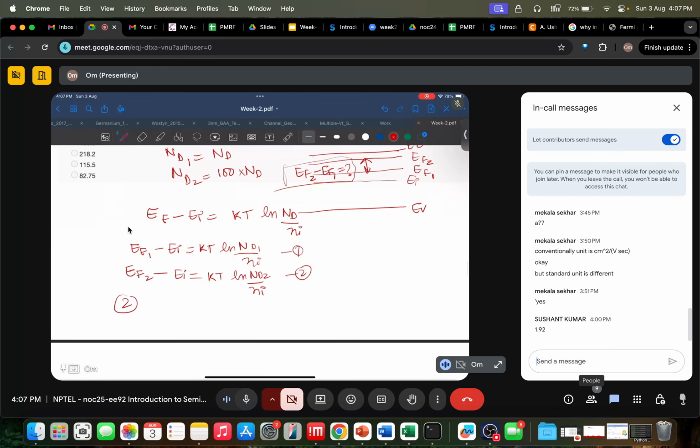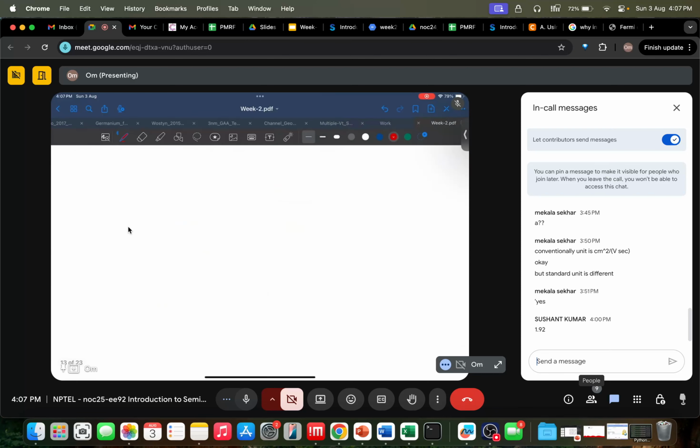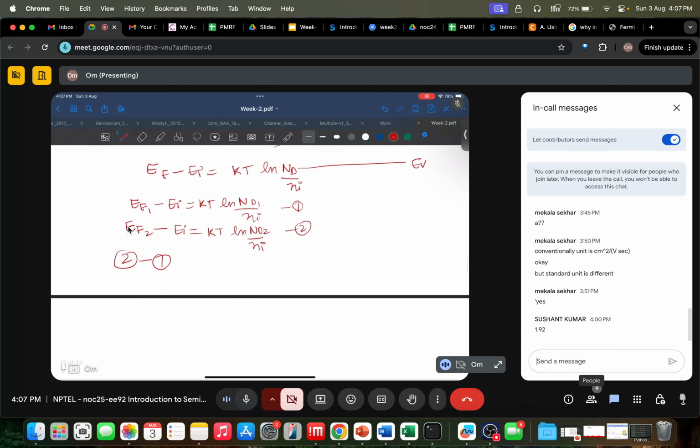Let's subtract 2 minus 1. We will get EF2 minus EF1 is KT ln ND2 by ni divided by ND1 by ni.